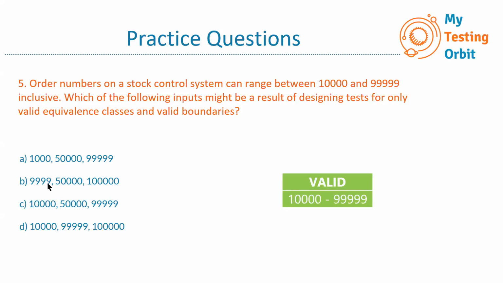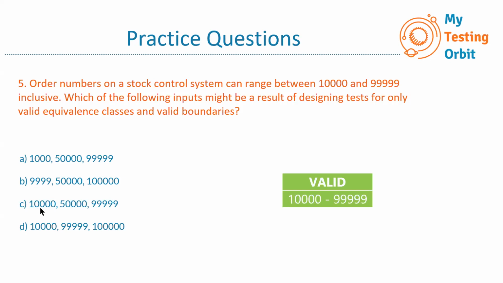So 9999 is a boundary value, but it's an invalid boundary value, because over here the boundaries would be 10,000 and, minus one, 9999. If we were just talking about possible boundary values, then this would be the correct option. But because we are saying valid boundary, this will be incorrect. So this would definitely not be the right answer.